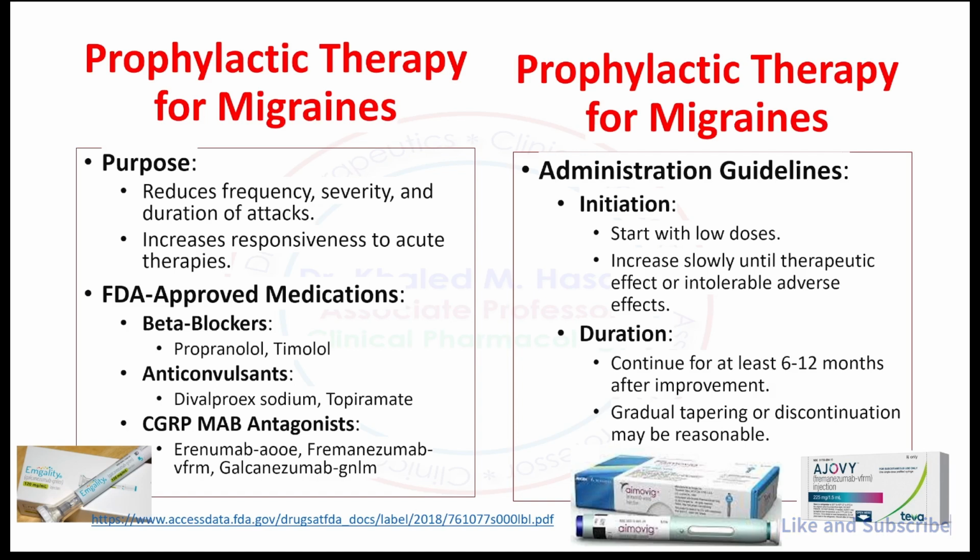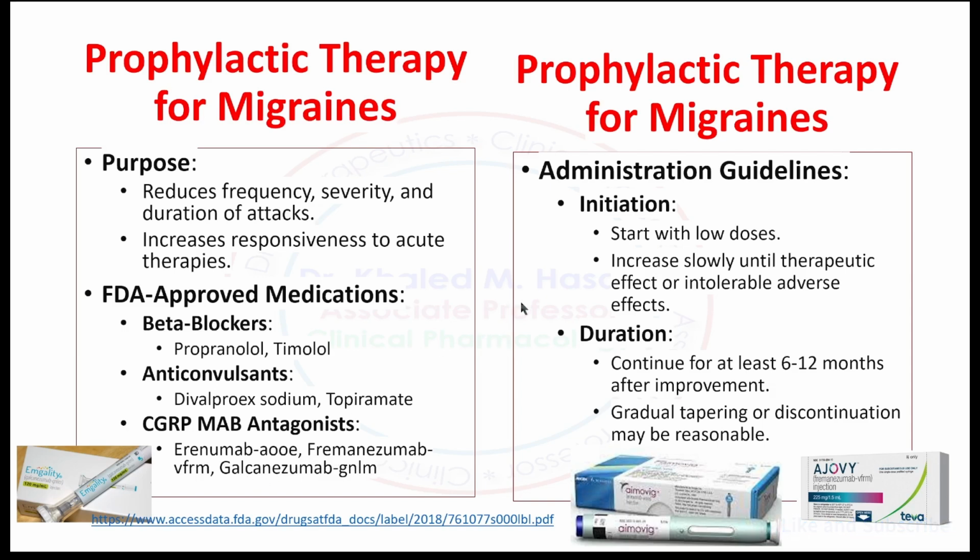We have FDA approval for using beta blockers, timolol, propranolol. We have approval for using topiramate, divalproex sodium. We have approval for using CGRP monoclonal antibody antagonists, as you can see it here, such as erenumab and fremanezumab, and another group of medication.